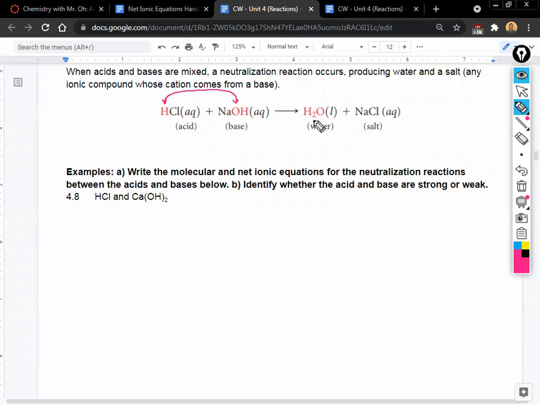And so they make water, which is, as we know, a liquid. But then chlorine and sodium, the other anion and cation, they're going to form a salt, which is NaCl. And salt just means an ionic compound. Okay. And so that's what we call a neutralization reaction. It's just a specific type of ionic equation.